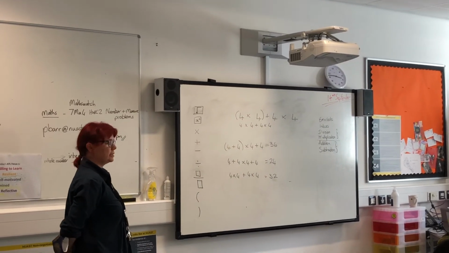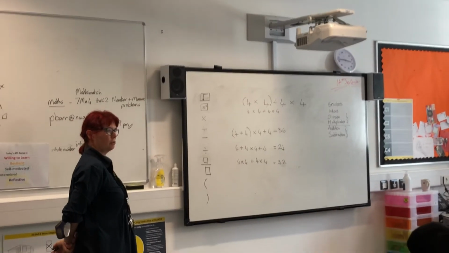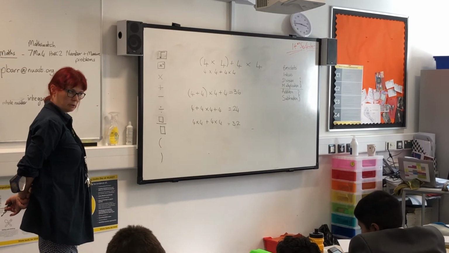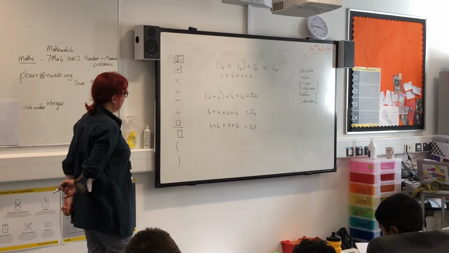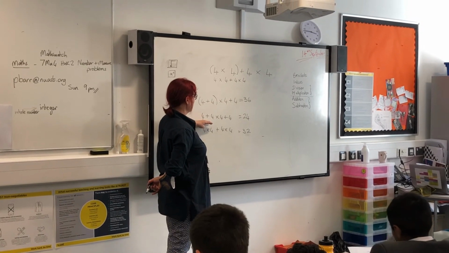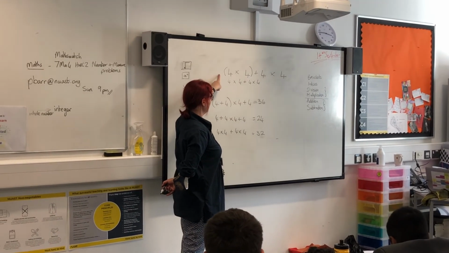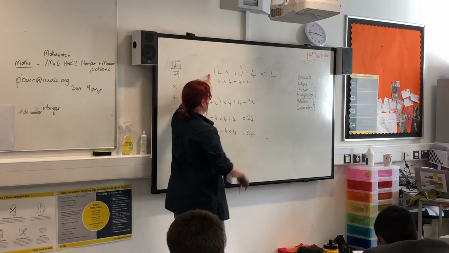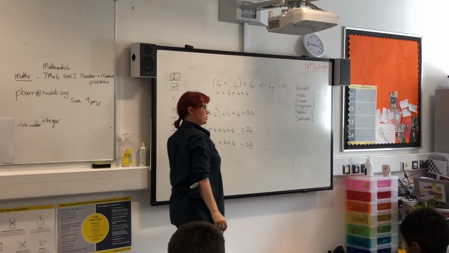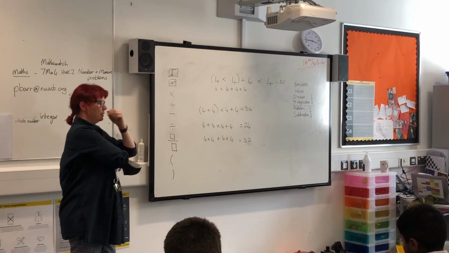Right, why doesn't it change it this time when it did before? What's going on? Last time, when we removed the bracket, we got a completely different answer. This time, we've removed the bracket, and the answer's the same. That one's 32, and that one's still 32. Why do you think it is?